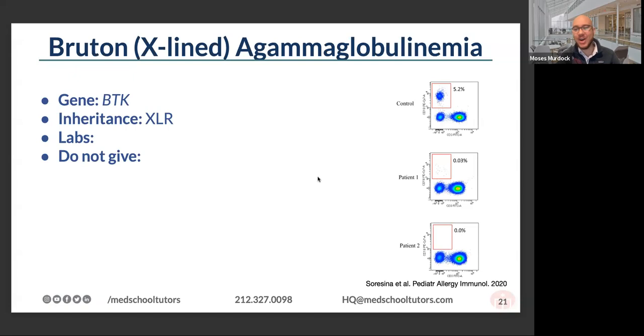What would you see in terms of lab values? And this is obvious, it's in the name. If it's agammaglobulinemia, you'd see absent B cells, right? And you would see low immunoglobulins because you don't have B cells. Perfect. And what would you not give? What kind of vaccine would you not give to these patients?